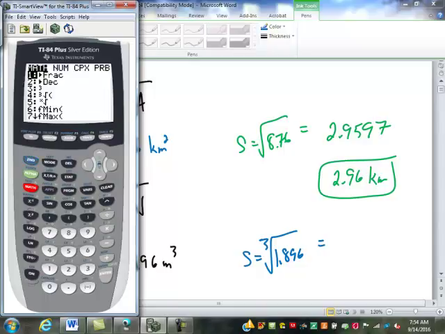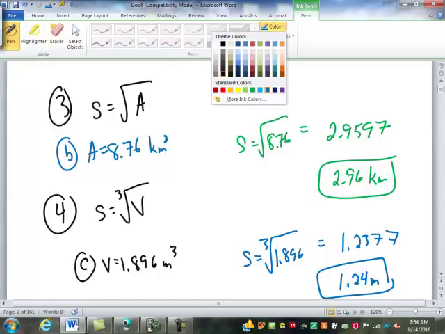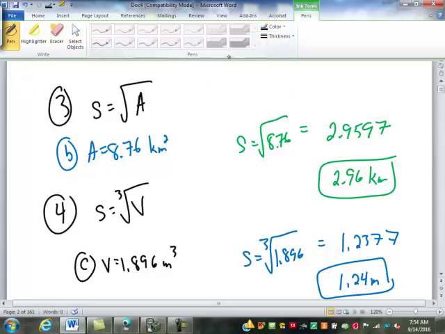Math, X root, 1.896. 1.2377. This one's saying 2 decimal places, so 1.24. And that is going to be meters, because the cubed root of meters cubed is just meters. Remember, cubed root and cubed reverse each other, cancel each other out.